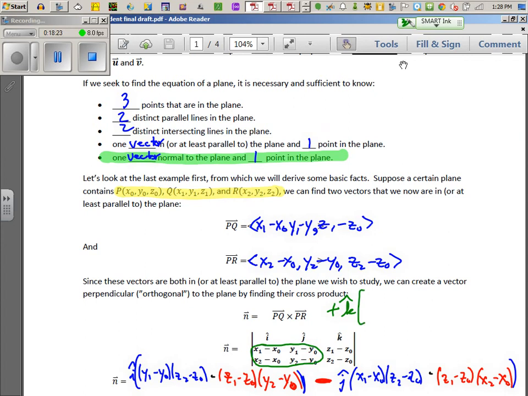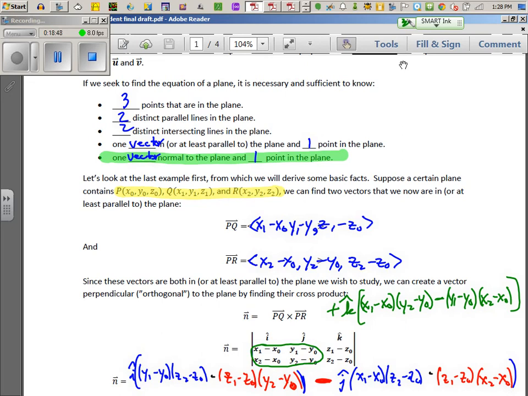So it should look something like x1 minus x naught, y2 minus y naught, minus y1 minus y naught, x2 minus x naught. So it's a jumbled mess. But when the values are in here, and x1 is 2, and that sort of thing, it all cleans up real nice. It will give us that vector that we desire, one of the ingredients for a plane.